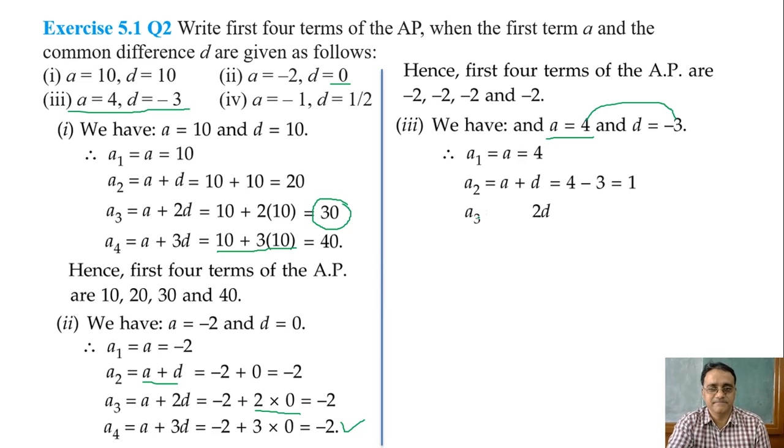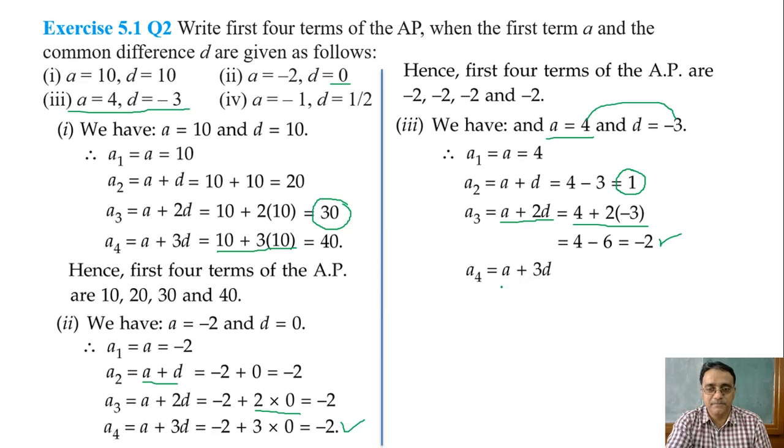Now A3 is a plus 2d, or we can write a2 plus d, that is 1 plus minus 3. दोनों तरीके से कर सकते हैं. So फिलहाल अभी मैं इसमें सब्स्टिट्यूट कर रहा हूँ 4 plus 2 into minus 3. So 4 minus 6. Minus 2.